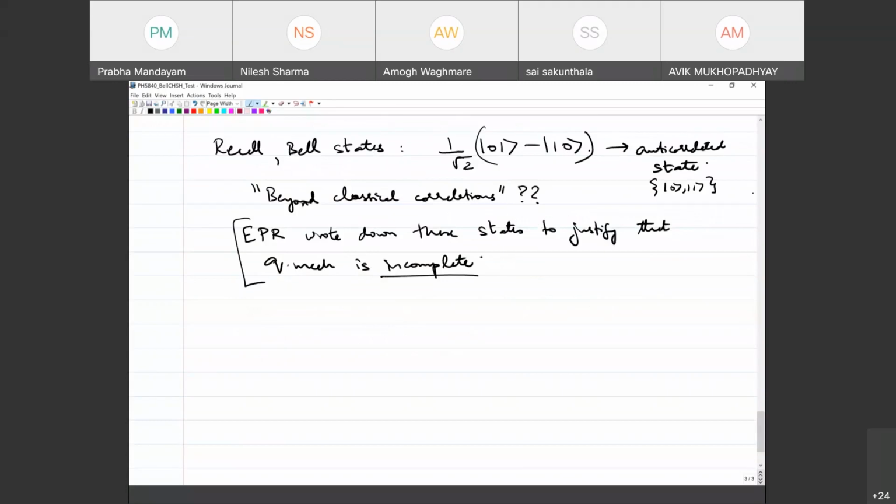Now, what does this Bell state look like? Let me just call this phi. I forget which of the betas this is. So what does phi look like in the plus minus basis? Can you just rewrite these and let me know? So 0 is plus plus minus over root 2, 1 is plus minus minus over root 2. Can you just tell me what this state looks like in the plus minus basis?